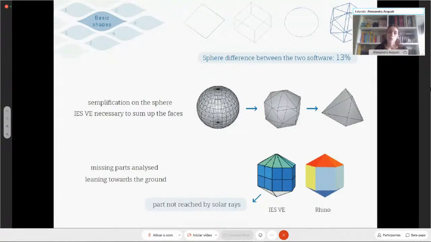The other limitation consists in the fact that when analyzing the sphere, the bottom part of the sphere is not considered, because it is considered as not reached by the solar rays, and this can cause an underestimation in the results.